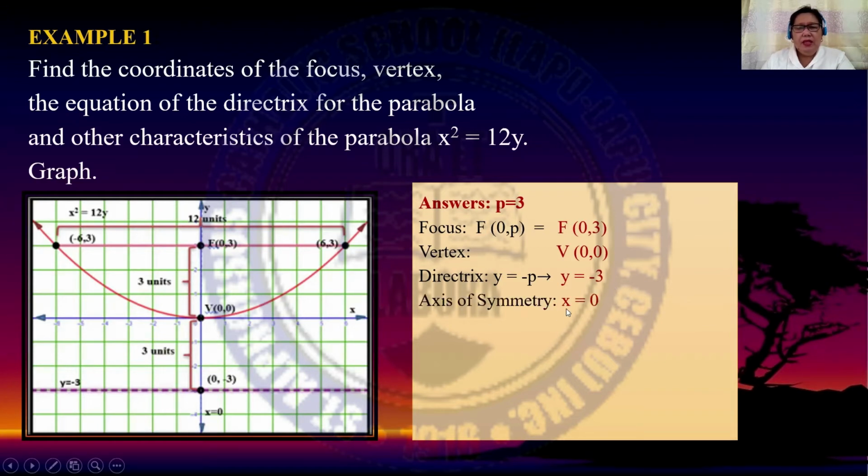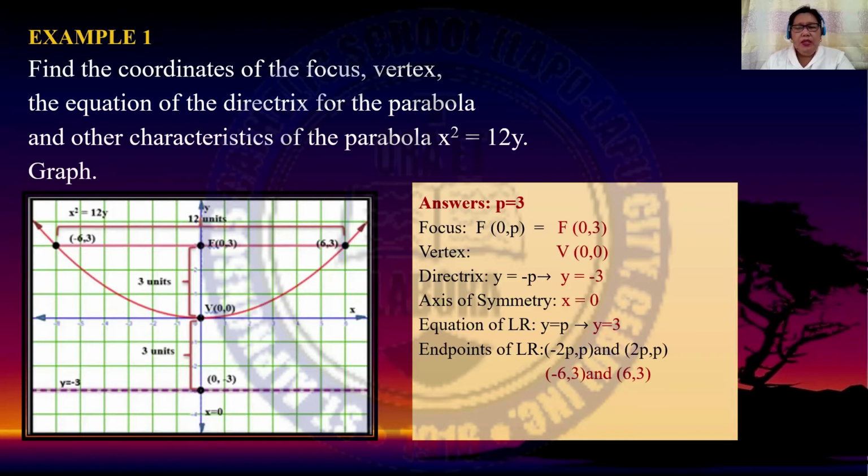For the axis of symmetry, x is equal to 0, or simply the y-axis. The equation of the latus rectum is y equals p, so it is y is equal to 3.